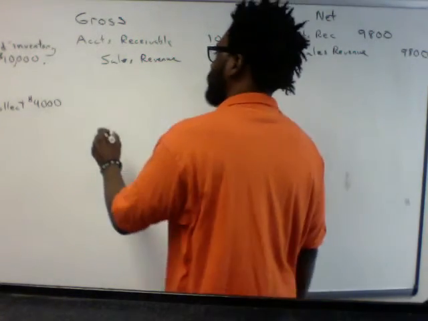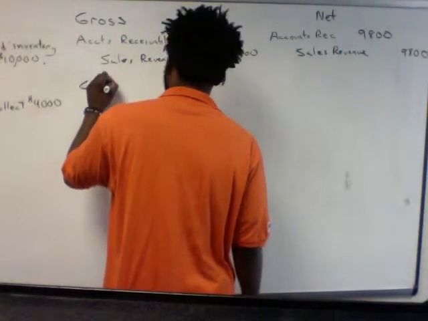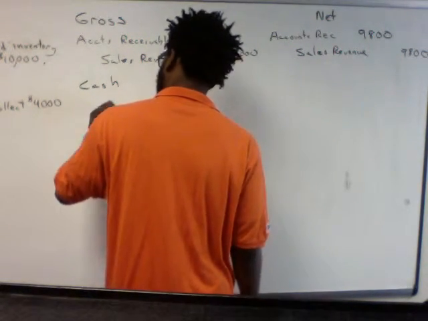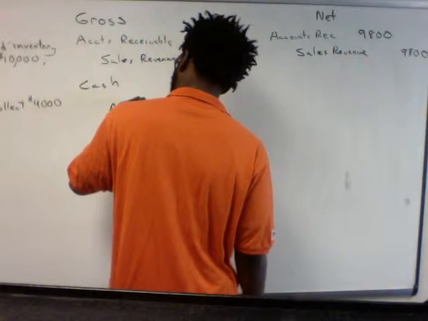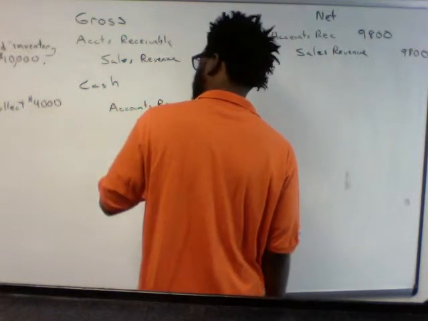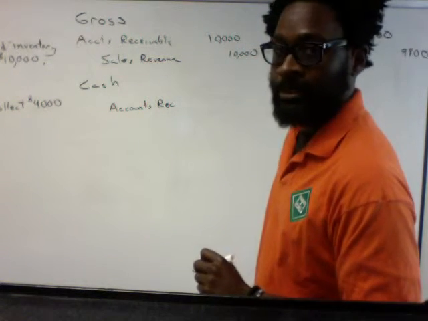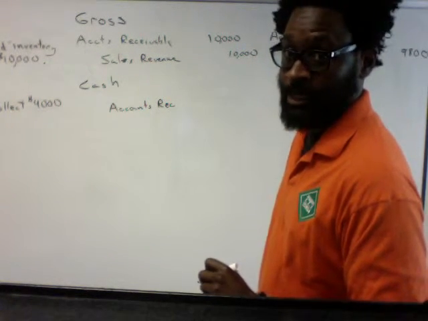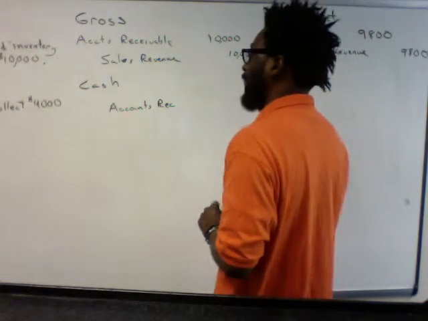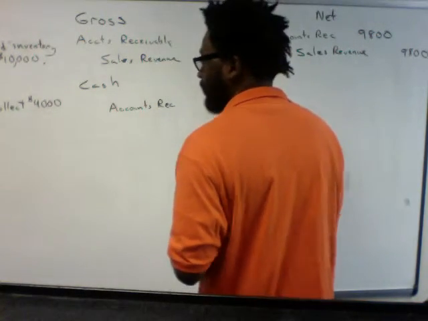When you collect on account, regardless of the method, you always debit cash and you credit accounts receivable. So that won't change between the two. But we know that because a discount is being given, our cash will be less than the actual value amount, right?